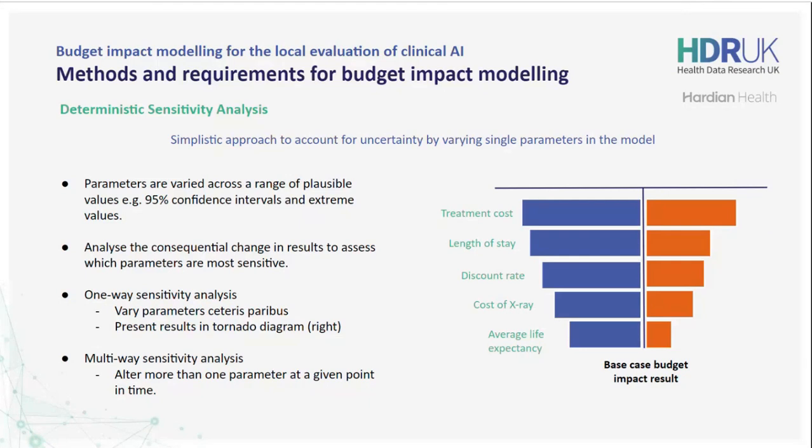So the analysis is a simplification or simulation of real world events, but we can't account for everything, so simple assumptions must be made. And we do that in the budget impact assessment by performing a deterministic sensitivity analysis, where we vary individual parameters one by one to assess which of these is having the most influence on the results.